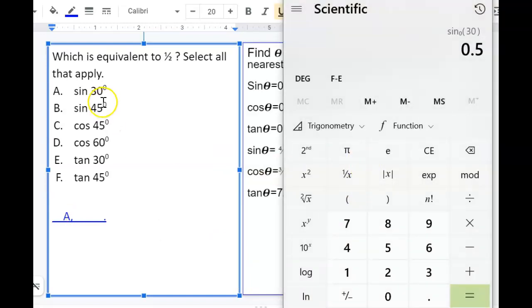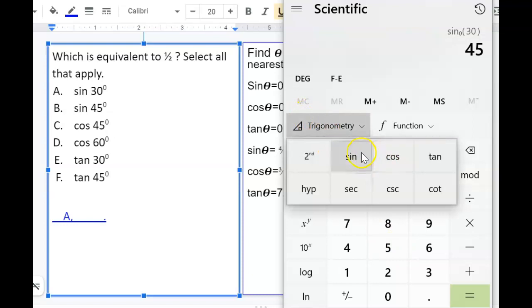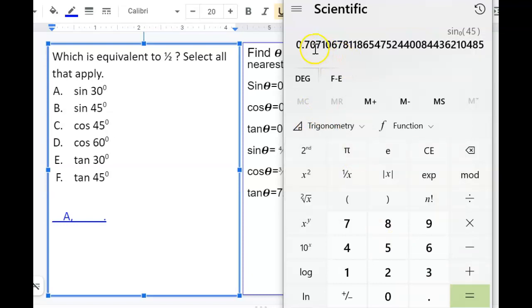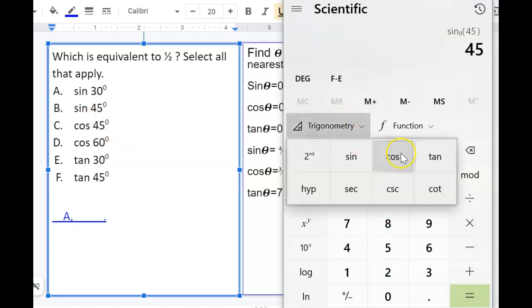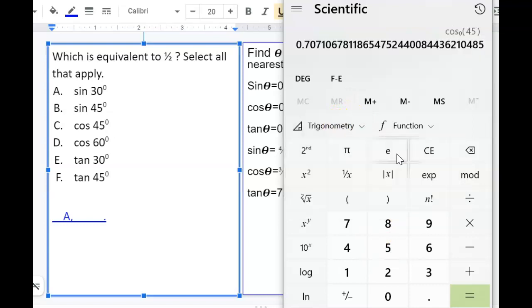The next is sine 45. So we type 45, click on trigonometry, and then you click on sine. See, sine 45 is 0.707, so it's not 1/2. Let's try cos 45. So again, you type 45, click on trigonometry, and then you click on cos.